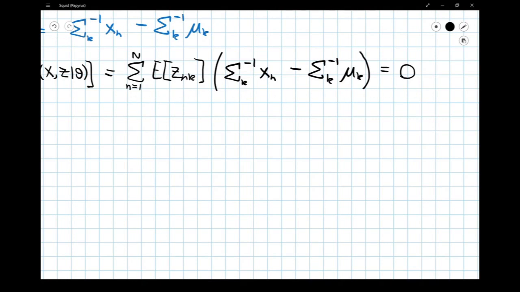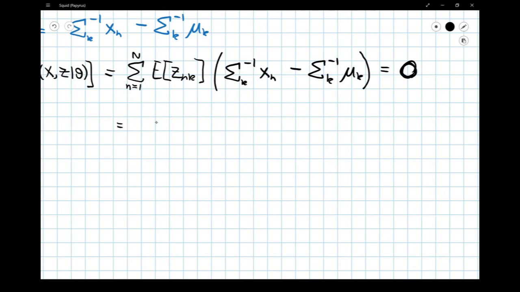Okay, so now if we just keep going with this, we can pre-multiply. So this is a vector 0, so I'll try and make it look a bit more bold. This is a vector of zeros. We can pre-multiply by sigma k, both sides.